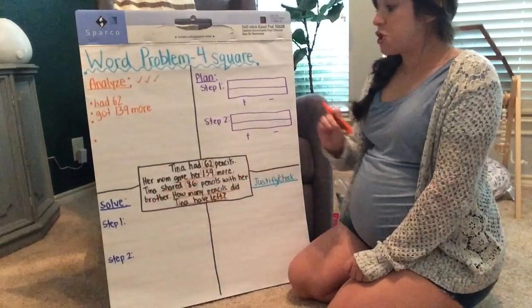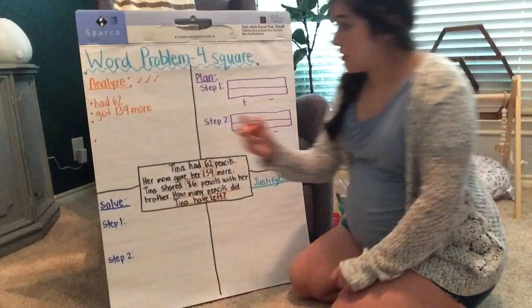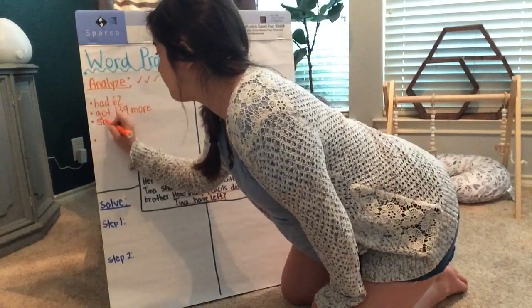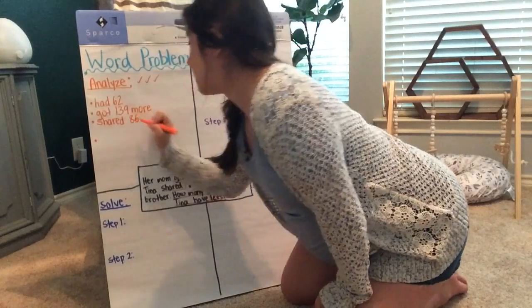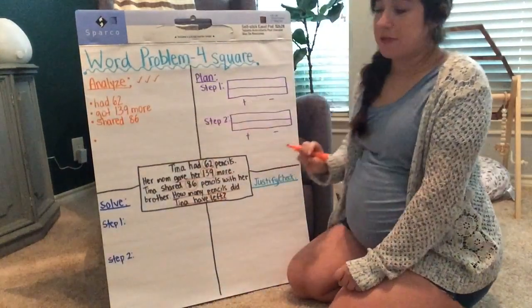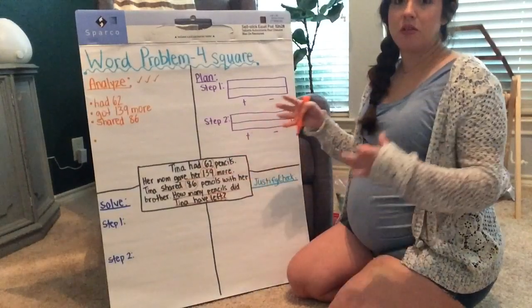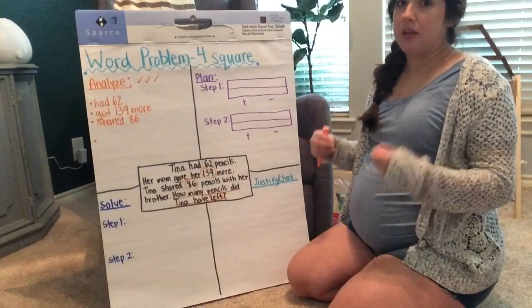Lastly, Tina shared 86 pencils with her brother. I know this. So she shared 86 with her brother. Now you may notice there's one last bullet that I left here, and that bullet is simply to write down the question. At the end of all of this, what do I need to know?